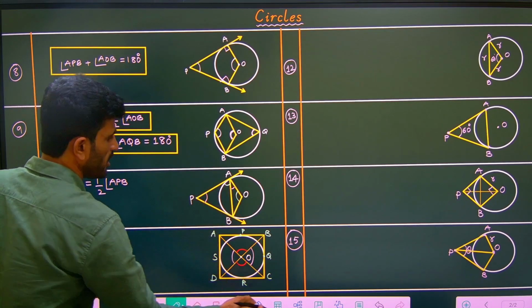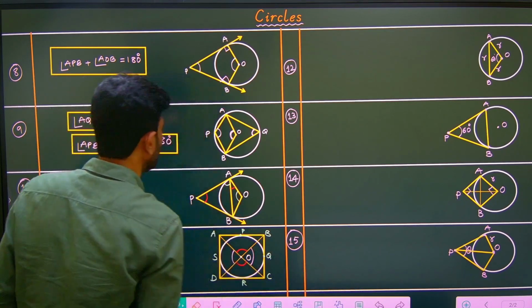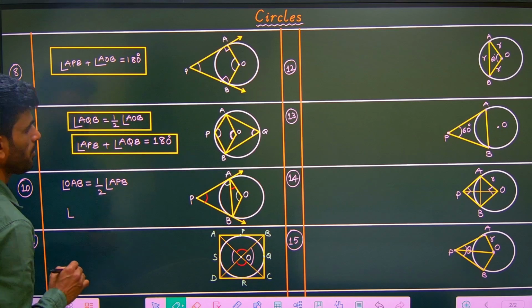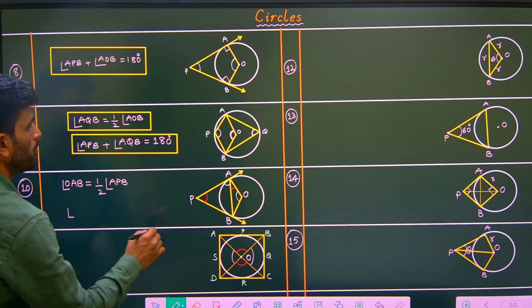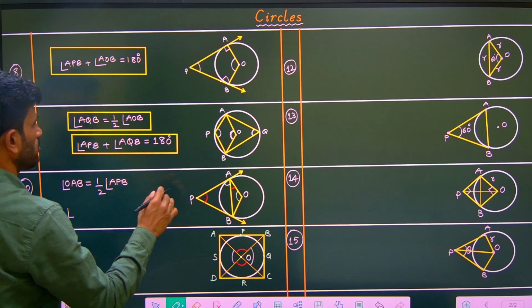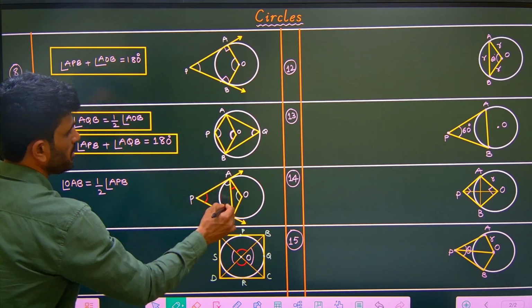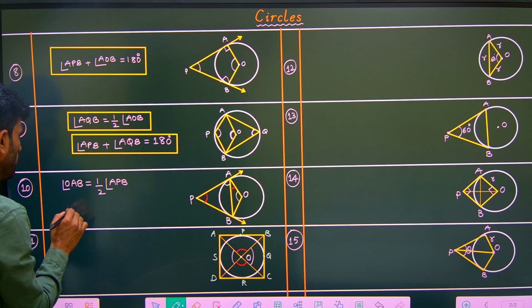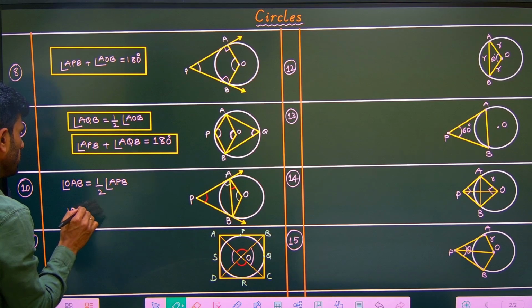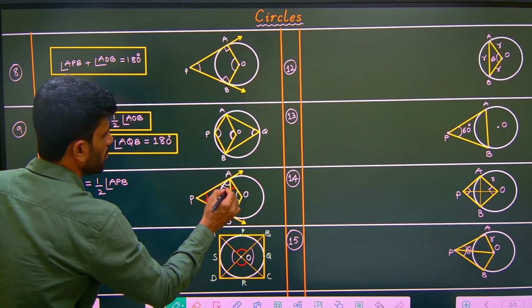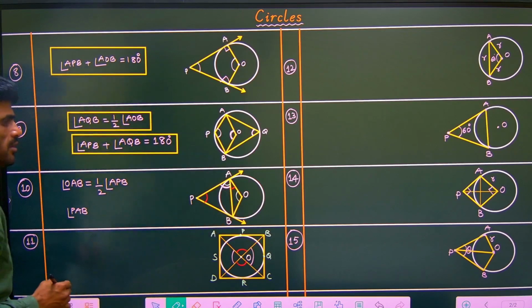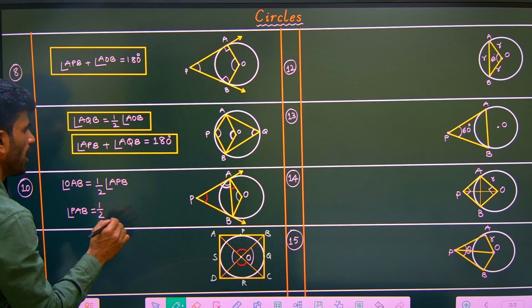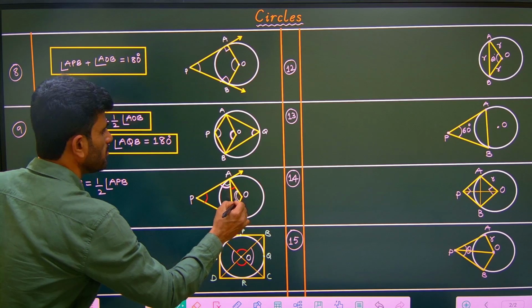Okay. Now similarly, one more result you have to remember here. Angle PAB. Before we wrote OAB, now it is PAB, with white color I represented here. Angle PAB, this angle, is half of angle OAB, this angle.